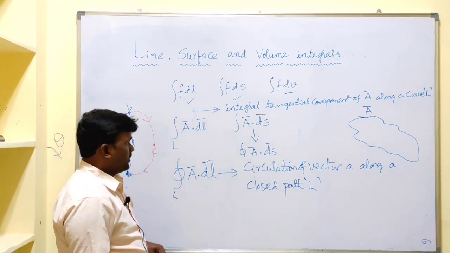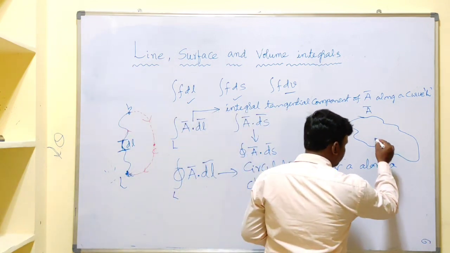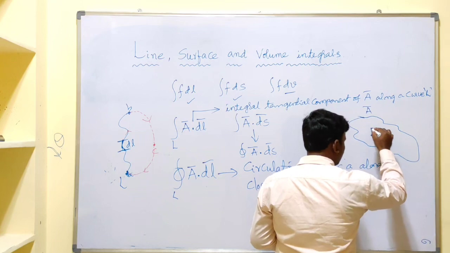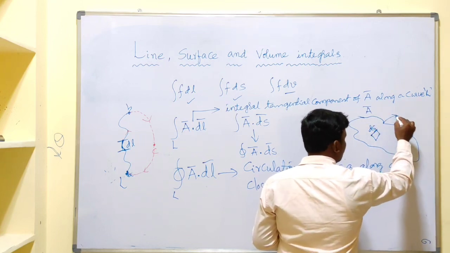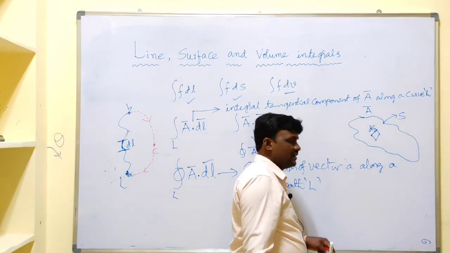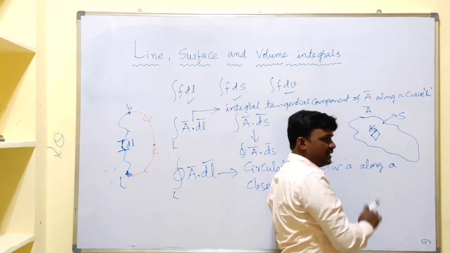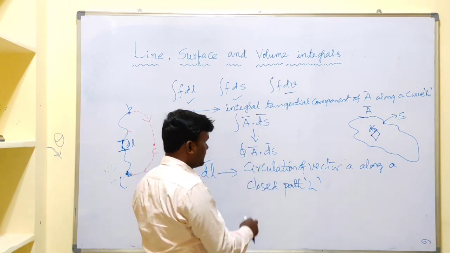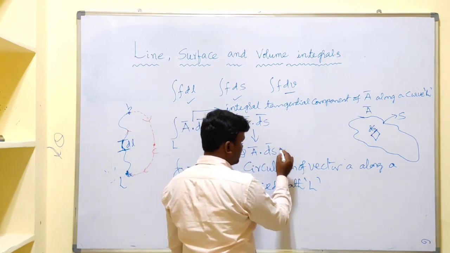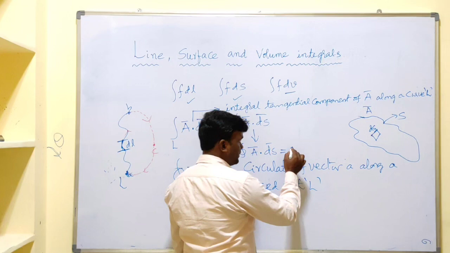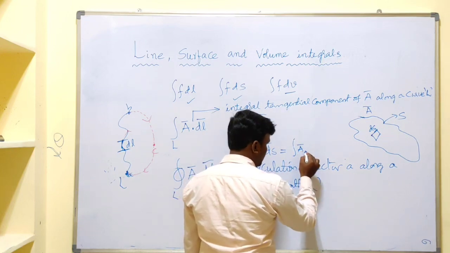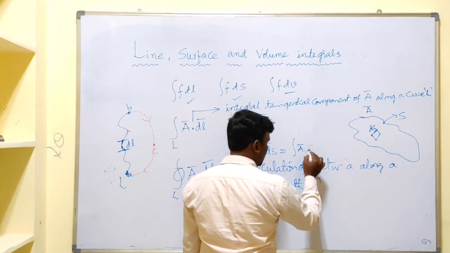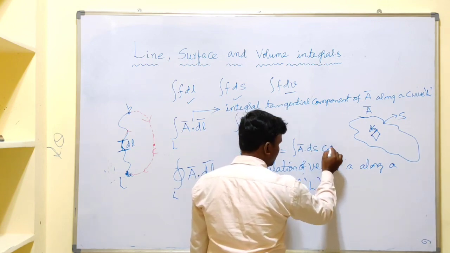Let us take a small differential area ds, meaning the entire surface area is divided into equal parts of ds. The integral of A bar dot ds can be written as the dot product, A bar into ds cos theta.